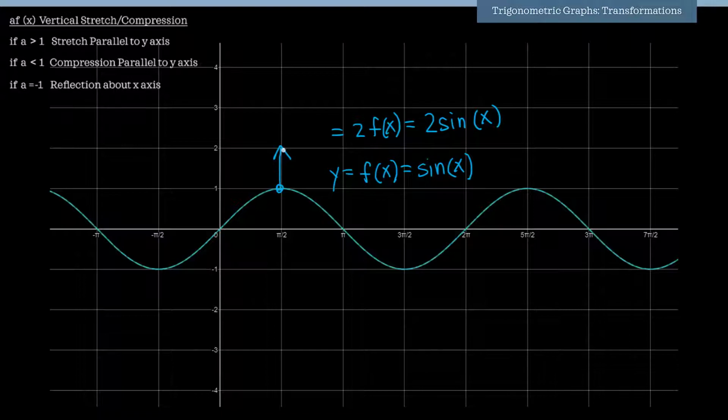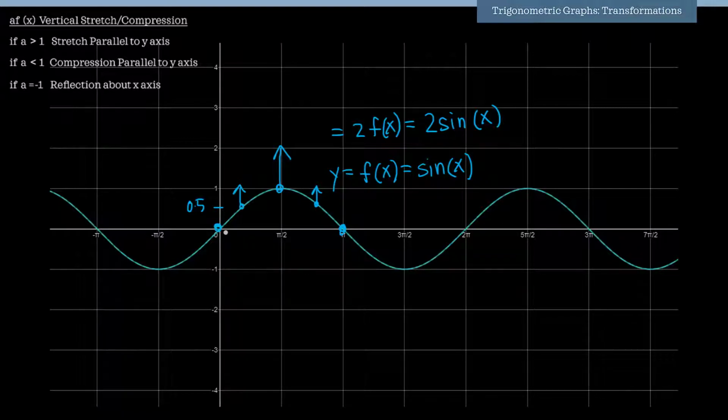1 times 2 is 2, and let's say that this point is 0.5, and 0.5 times 2 is 1. So this point would go over here. Similarly, this point would go over here. This point is at y is equal to 0, and 0 times 2 is just 0, so this point is going to remain over here.